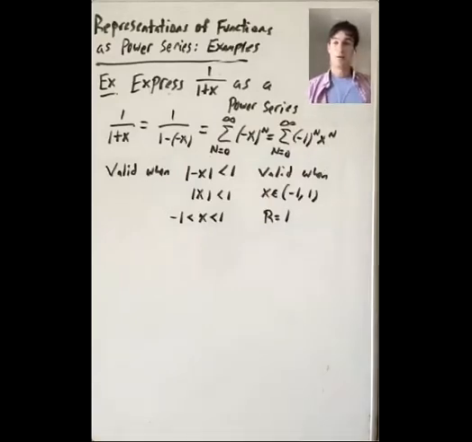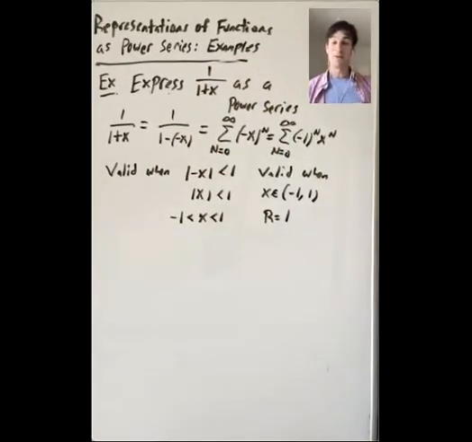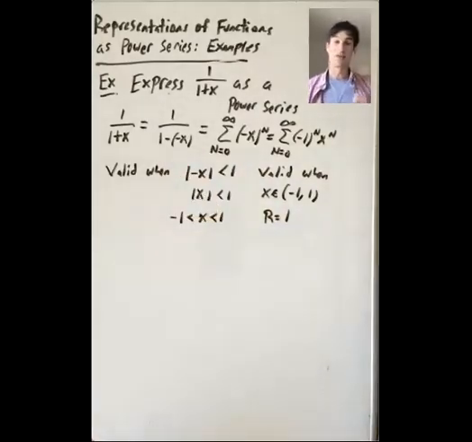So what we've seen so far are a bunch of examples of rational functions, something over something, where you can write them as power series using the fact that we know how to write 1 over 1 minus something as a power series. These representations of these functions as power series all come from starting from the one key example of geometric series.